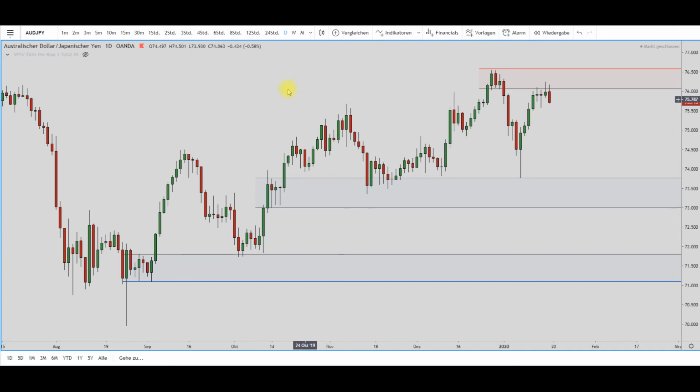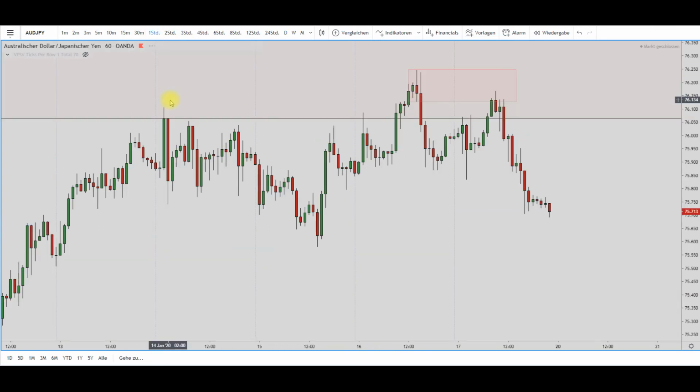So I just waited, and what actually happened, we built this rally base drop, took out this small demand zone, and then yesterday morning we reached this fresh supply where I put in a trade.